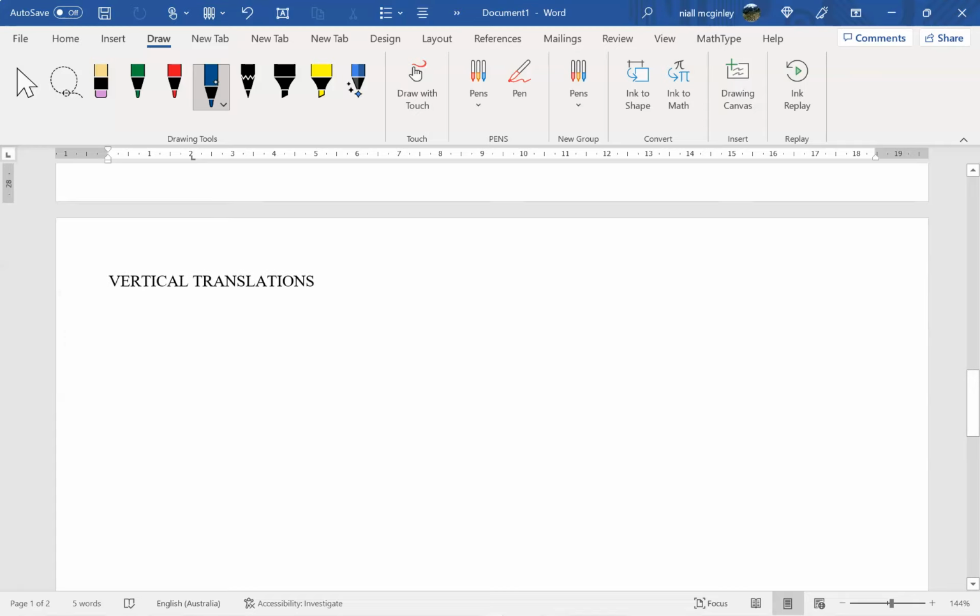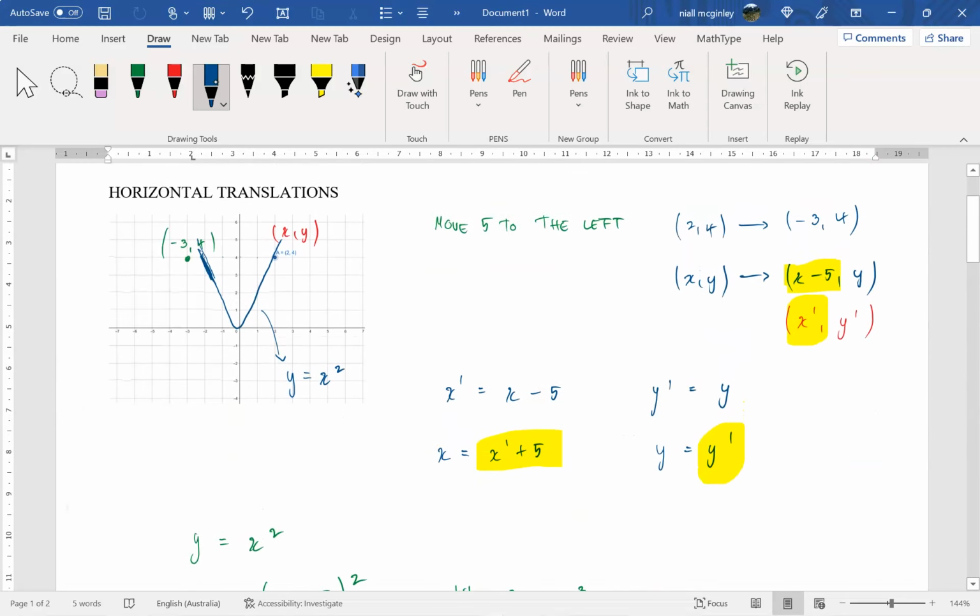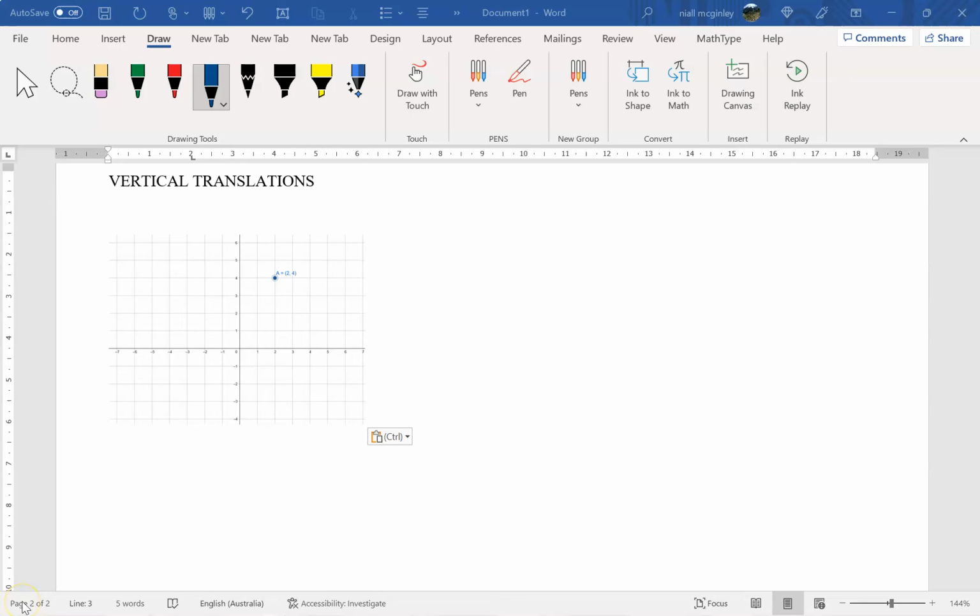Looking at the vertical translation, so again, if we look at the point that we've got here, let's do a vertical translation, we'll move it 3 down. So if we move it 3 down, this point is going to become 2, 1. So let's just, again, do it in general terms. So this point, instead of 2, 4, we'll call it x, y. Therefore, x is going to stay the same, but we moved it down 3 units. So this point is going to become y minus 3.